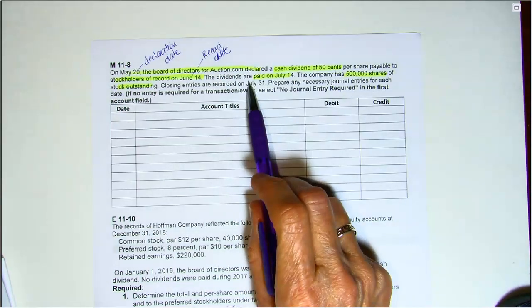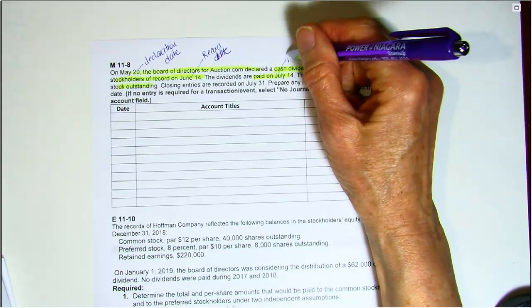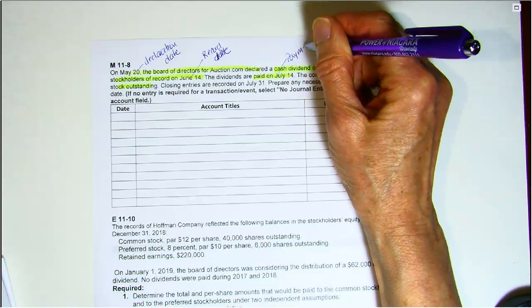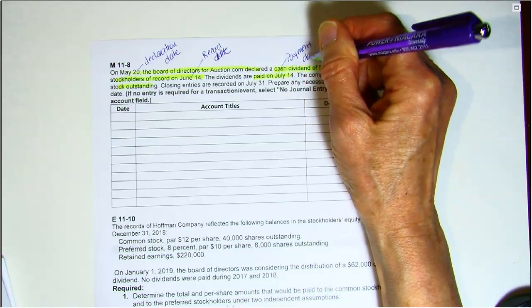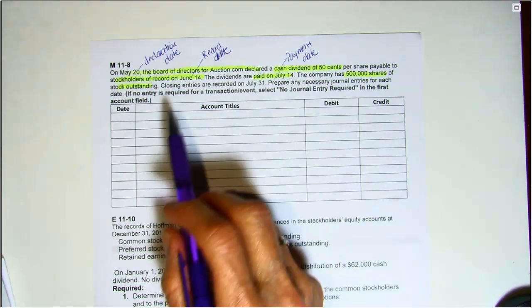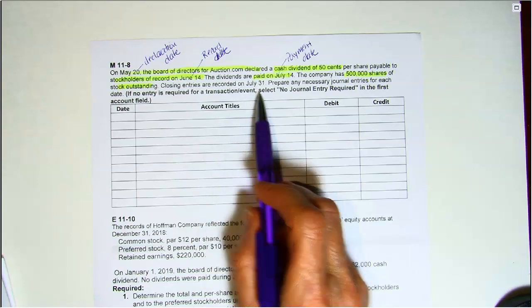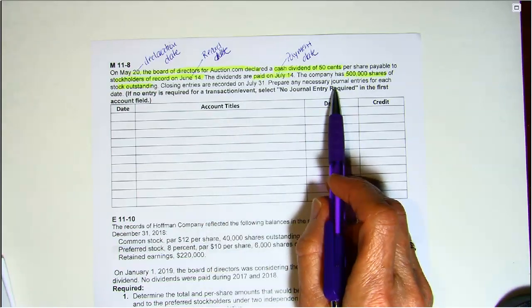The dividends are paid on July 14th. That's the payment date. The company has 500,000 shares of common stock outstanding. Closing entries are recorded July 31st, and they want us to prepare any necessary journal entries for each date.